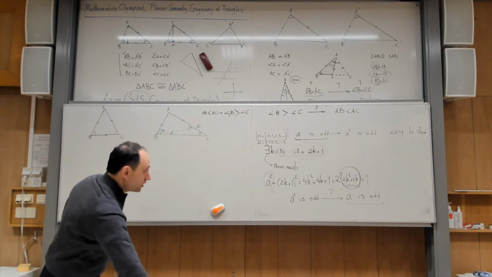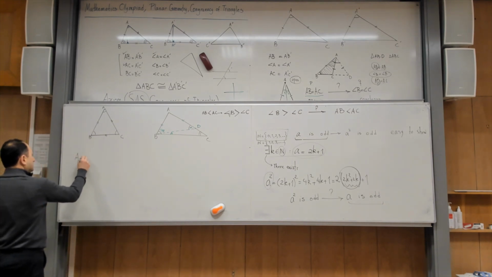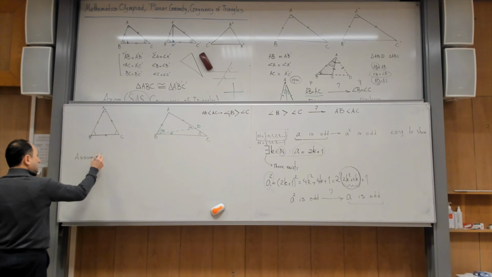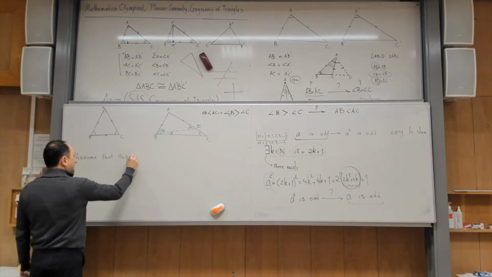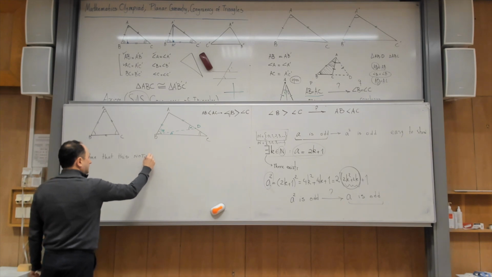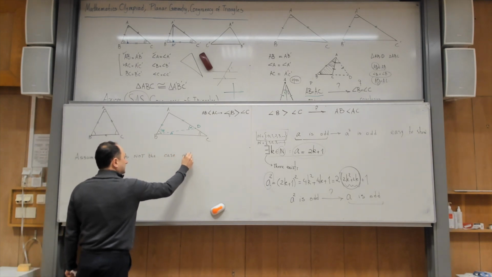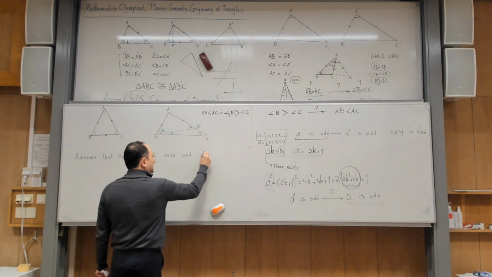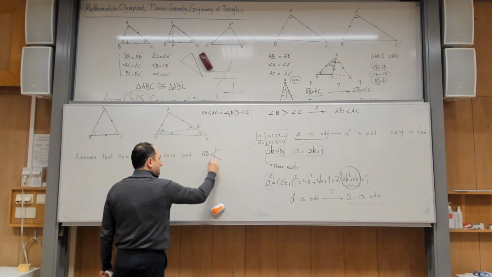So what is the starting point? I should say that assume that this is not true. Assume that this is not the case. And AB, let me use this, I don't know, heuristic notation here.